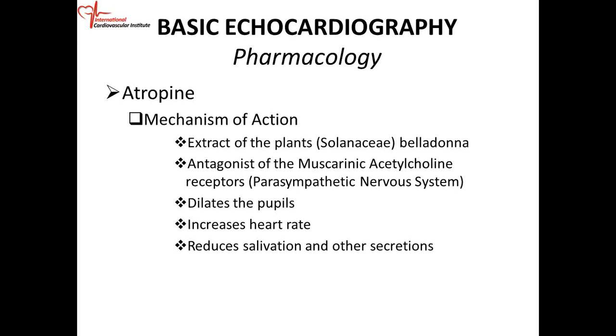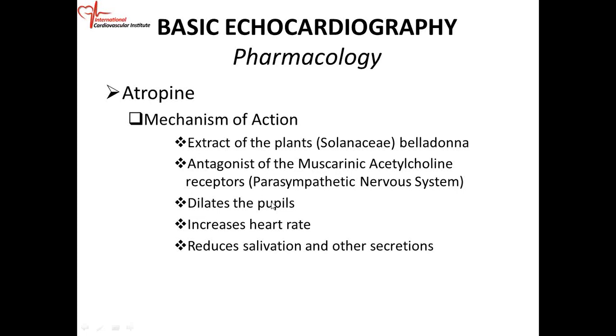The parasympathetic nervous system tends to slow the heart rate. So that is what's happening when you're doing a catheterization procedure. The parasympathetic nervous system is stimulated, so that's why the heart rate will fall. So you give something to block it then. Okay, so it's antagonistic to the parasympathetic nervous system. So you'll get a reverse response.